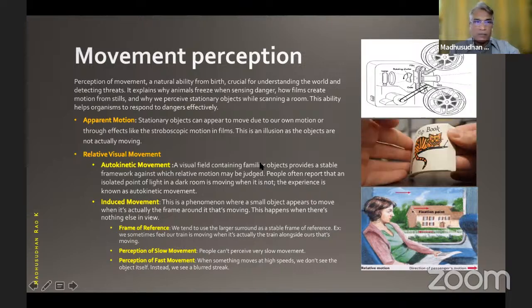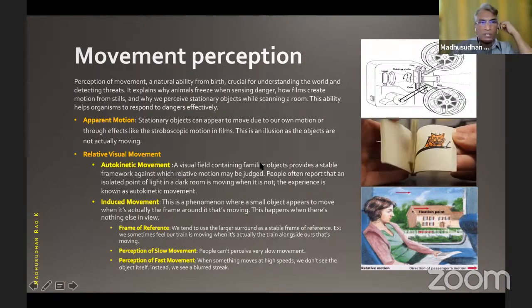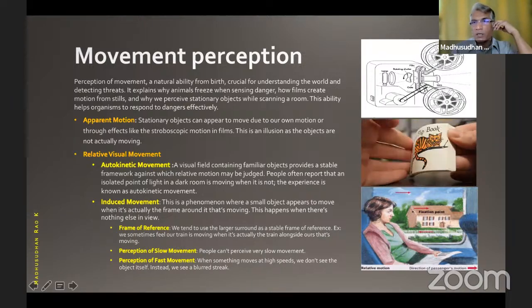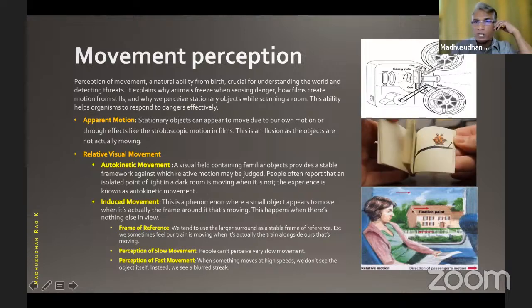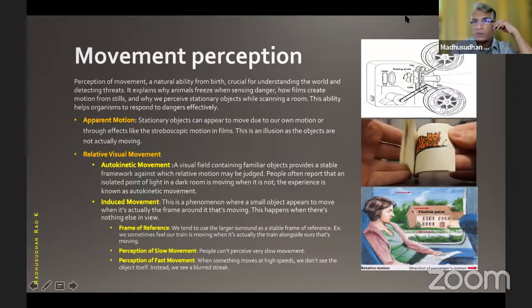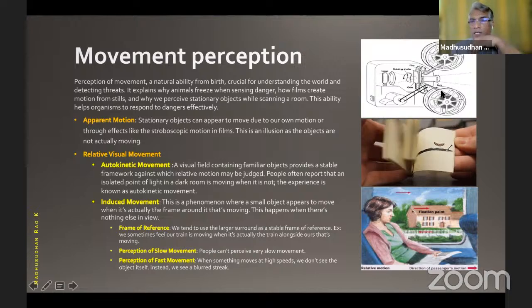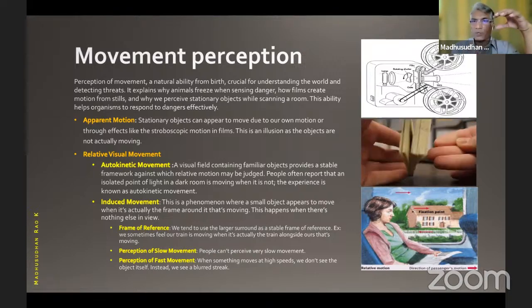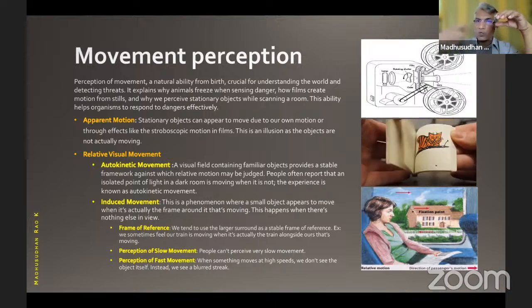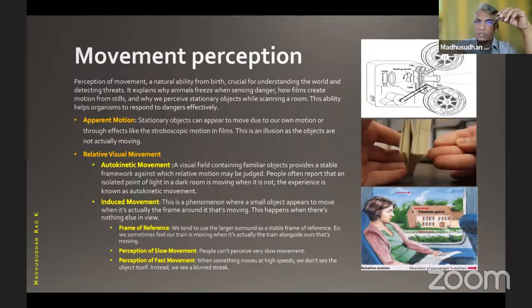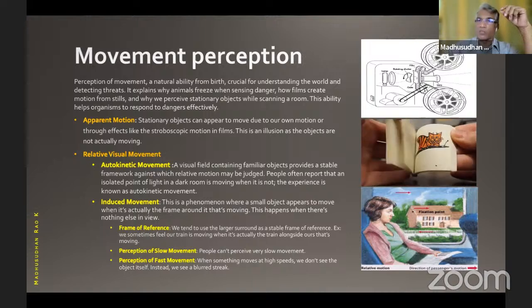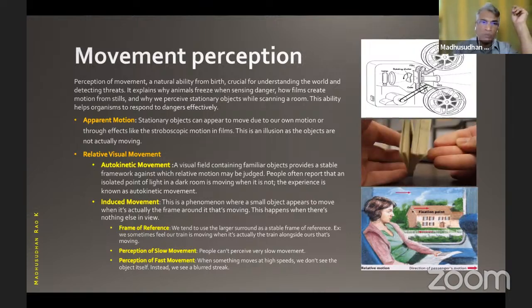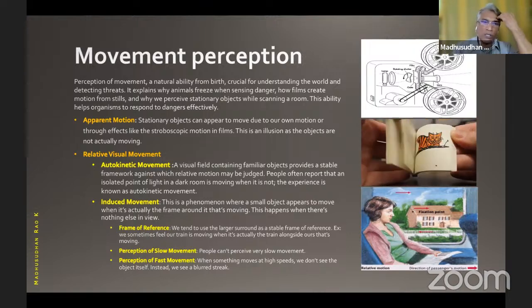Apparent motion is especially used in film technology. All the stable images of films are kept together at 24 frames per second. When you move them, automatically you see the image moving. That is called apparent motion. Relative visual motion, autokinetic movement.